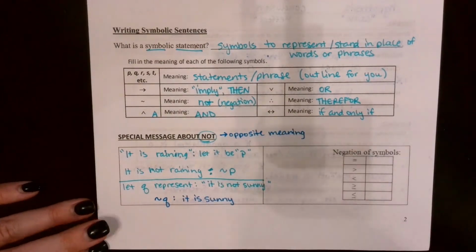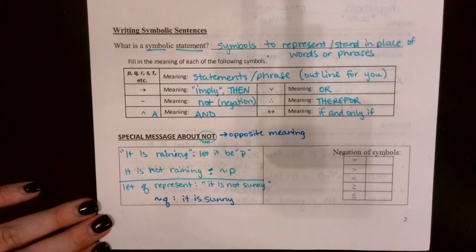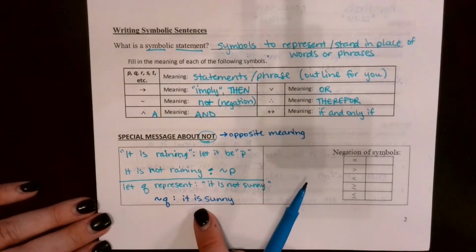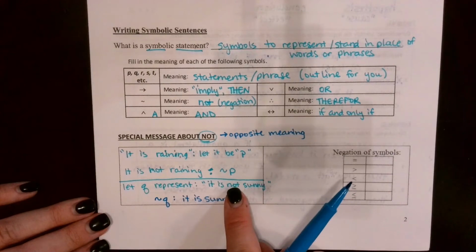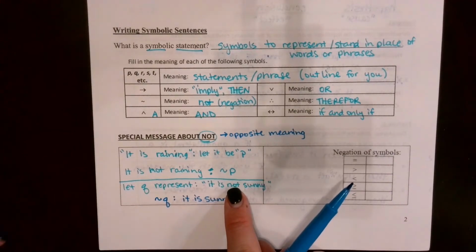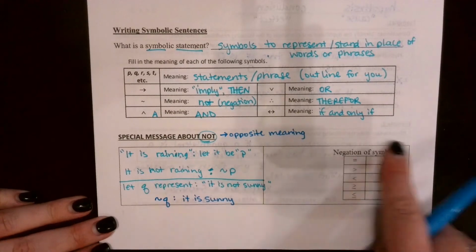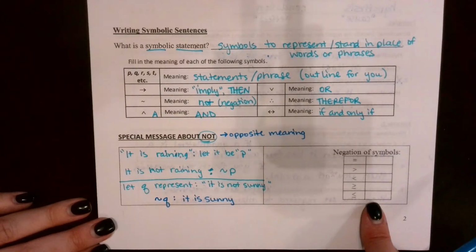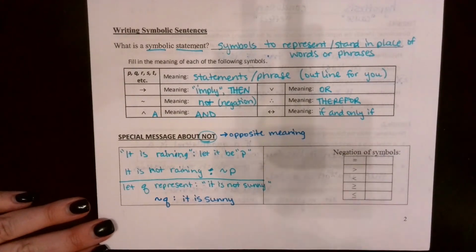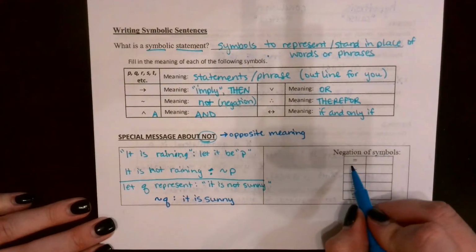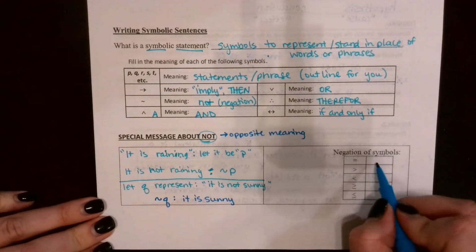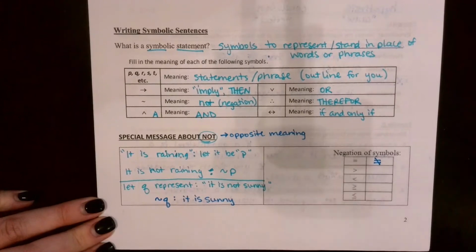A double negative makes a positive. Kind of similar here. We already have a not, and if we add another not, it is not sunny, then that just means it is sunny. When it comes to what we use for a negation, the opposite of an equals is for it to not be equal.